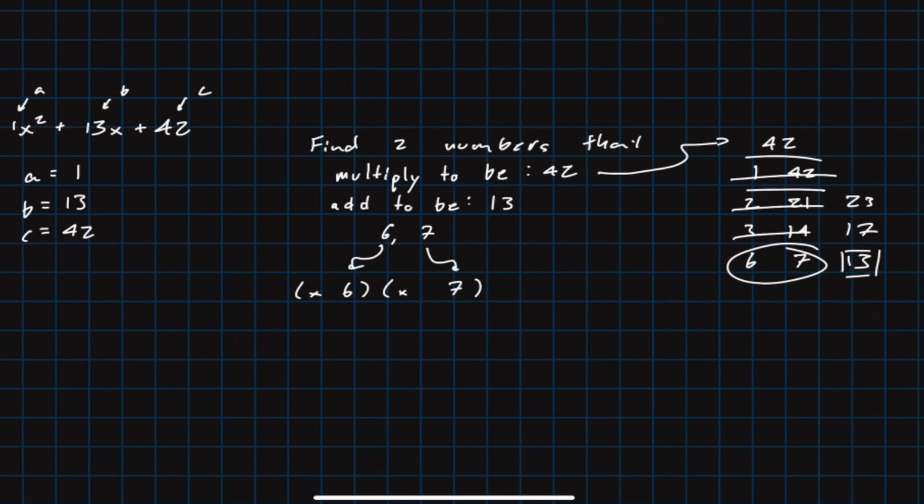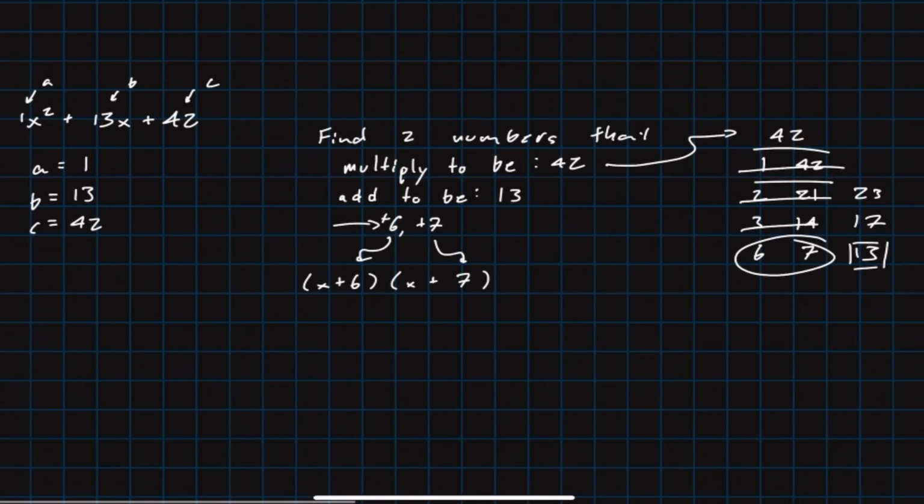And just like before, we're going to keep the exact same sign that we used in the two numbers that we chose. So this is a positive 6 and a positive 7, so we have x plus 6 and x plus 7. So the factored form of x squared plus 13x plus 42 is x plus 6 times x plus 7.